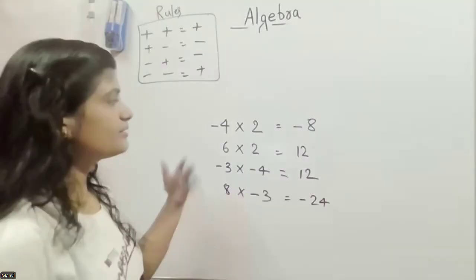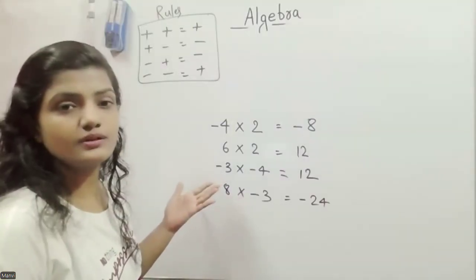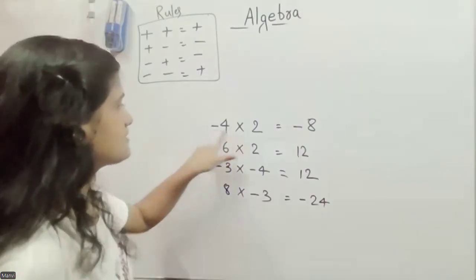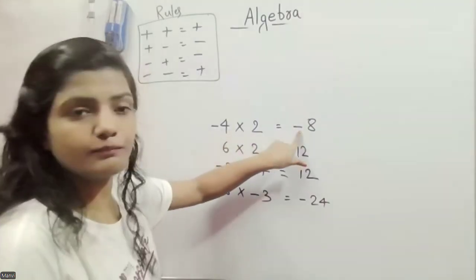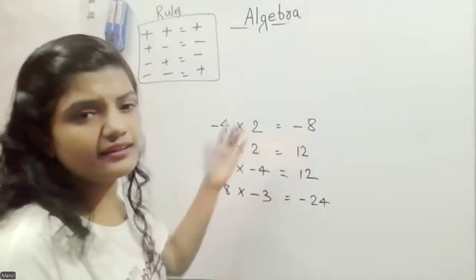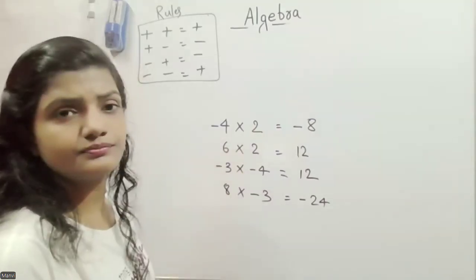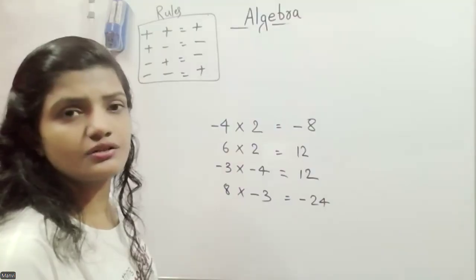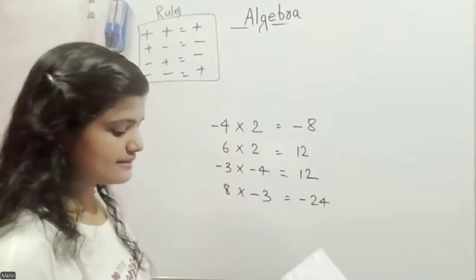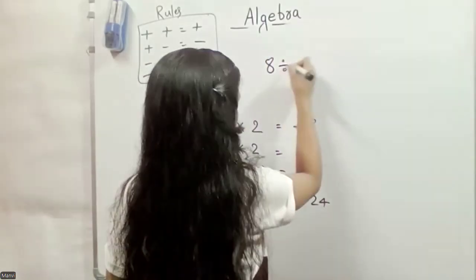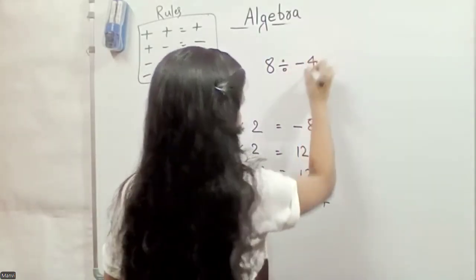Okay. A similar rule we are applying in division as well. After seeing the question, same or different, we first put the sign, and then we simply use our algebra to solve the question. For example, 8 divided by minus 4.